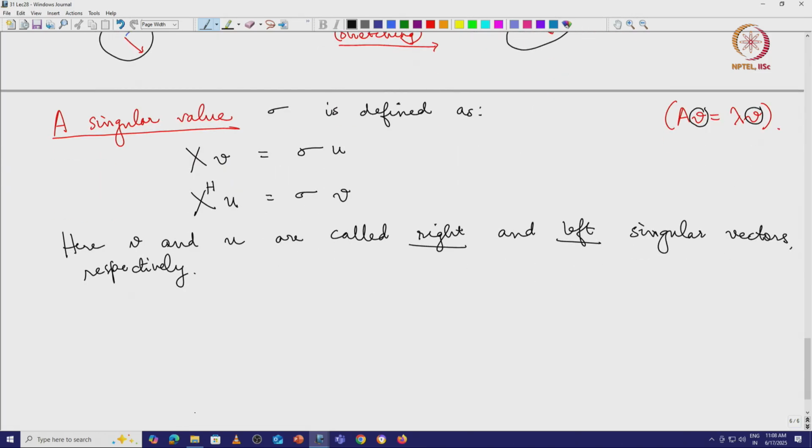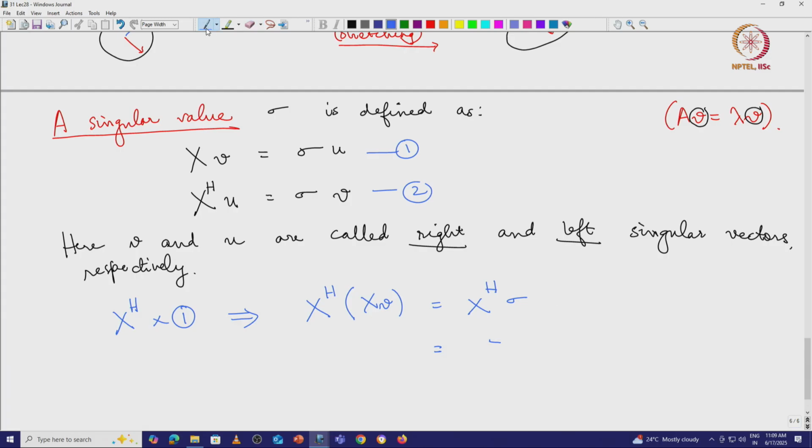Okay. Now something interesting will emerge. Let us call this equation 1, and this equation 2. If you now multiply the first equation by the Hermitian transpose of X, let us see what happens. You get X Hermitian times XV is equal to X Hermitian sigma U, sorry, the first equation had U here.